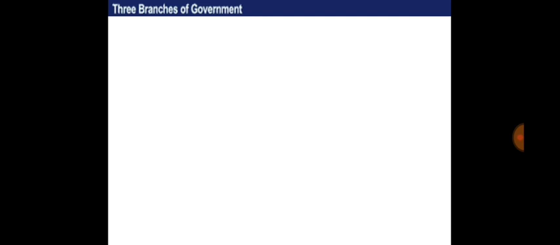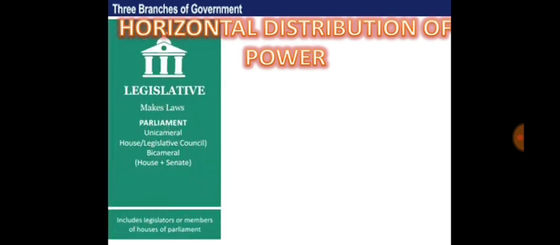They have checks and balances for each other. And what are these three branches? That is known as horizontal distribution of power. There is no hierarchy. Everyone is at an equal level.